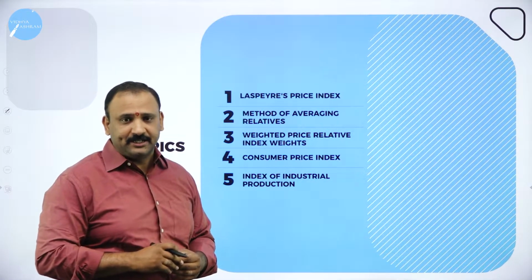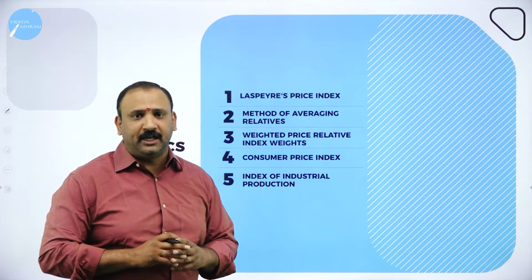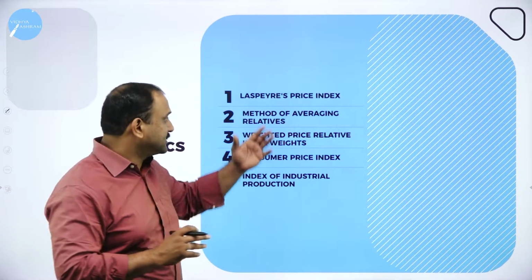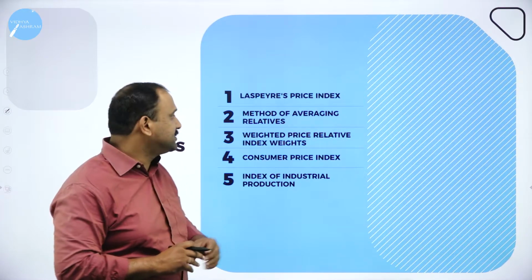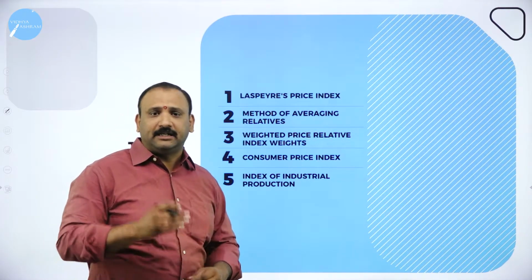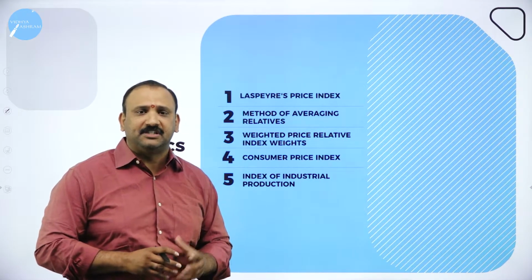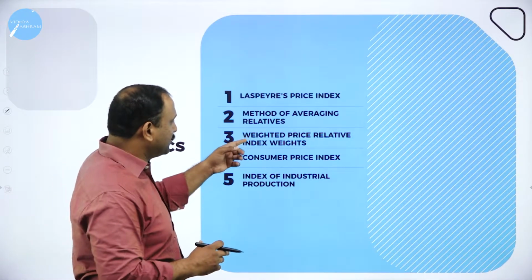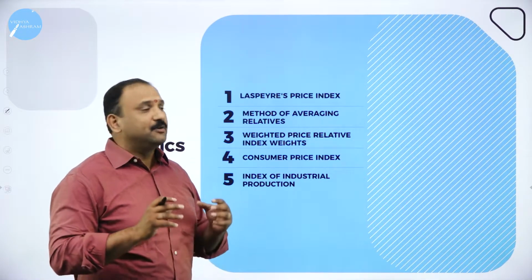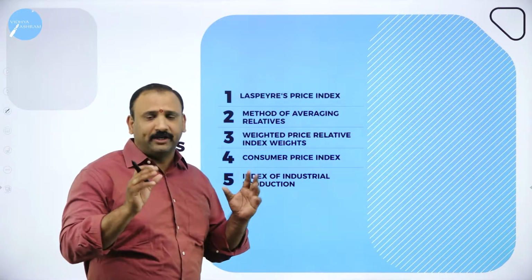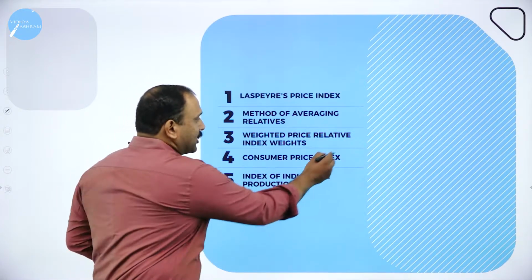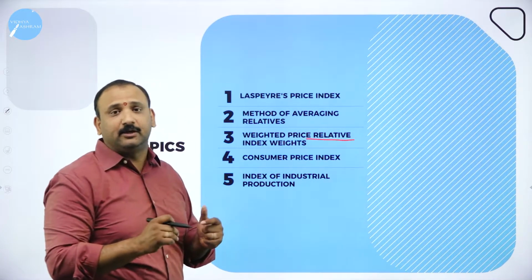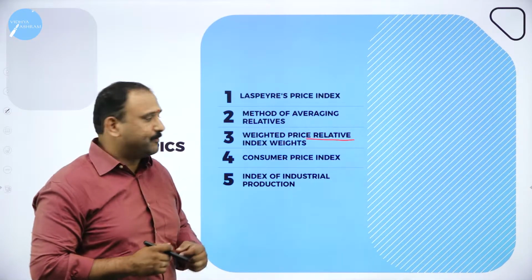Laspeyres price index, a very important one to see in terms of price index and also in terms of the index numbers. Method of averaging relatives, we had spoken about this in the previous session, so we're going to use it. And then we're going to talk about the weighted price relative index weight. Quite interesting, important, because we are going to see how a relative methodology matters in terms of commodity.